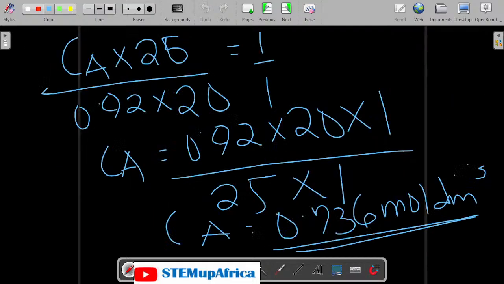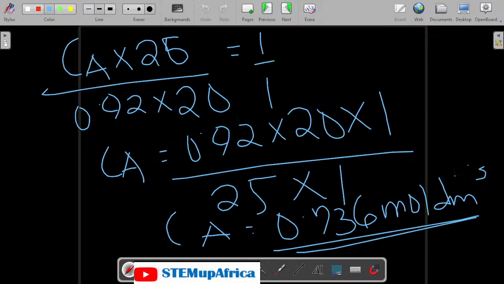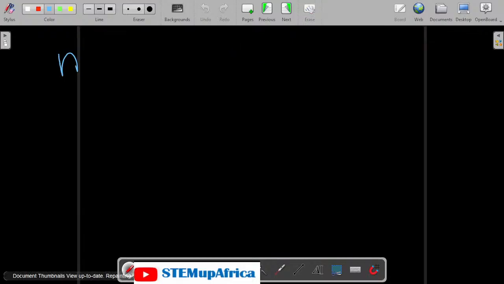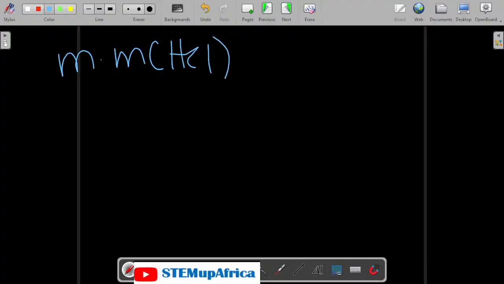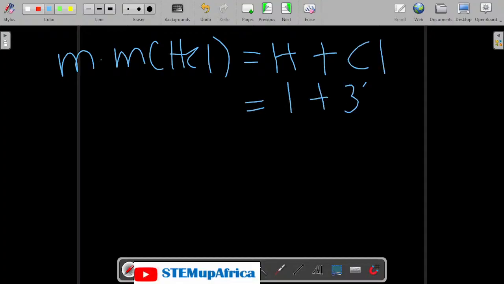So let's get the molar mass of HCl. As you know, it is the sum of individual atoms, which is H plus Cl. My H is 1, my Cl is 35.5. If I add up, I'm having 36.5 grams per mole.